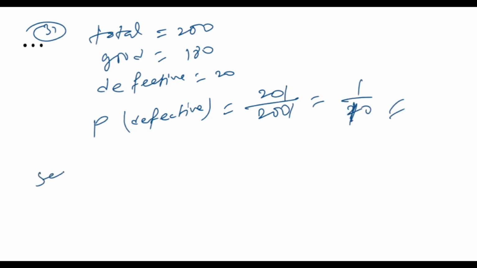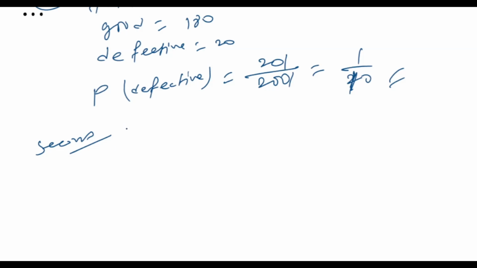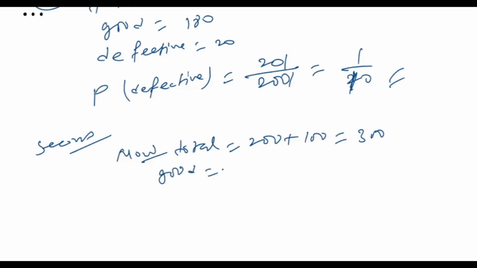Second scenario. Second scenario is given that 100 pens containing 80 good pens is mixed with the previous lot of 200. So now total pens is 200 previous plus 100 new, meaning 300, and the number of good pens is 180 previous plus 80 from the new lot.